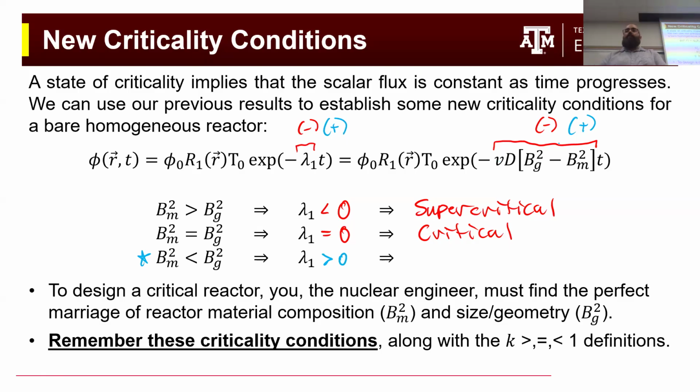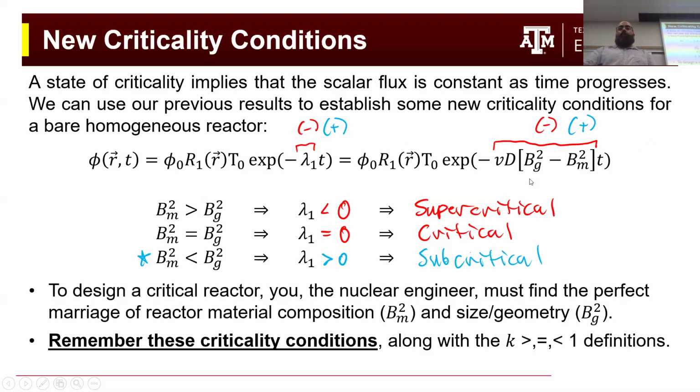And if this quantity is positive, but I've got the negative up front, that means overall the exponential is negative, and that means that my neutron population would decrease exponentially with time, and that would be a subcritical configuration.